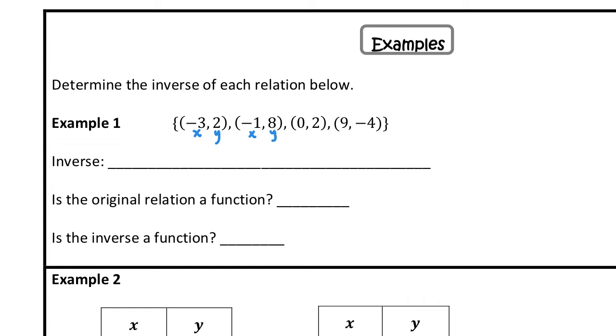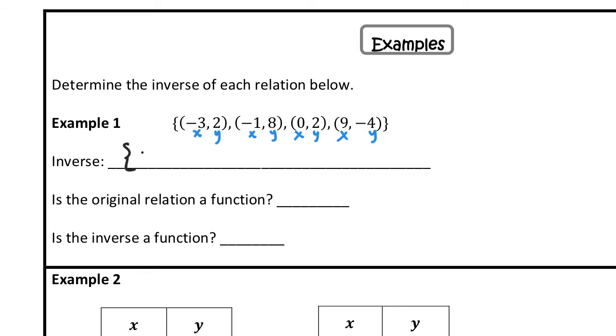If I want to find the inverse, I'm going to use a similar notation to what they're writing here, the curly bracket. For this first point, in order to get the inverse, I'm going to swap them.